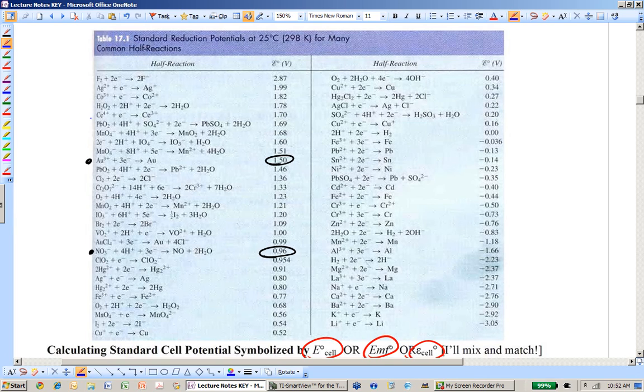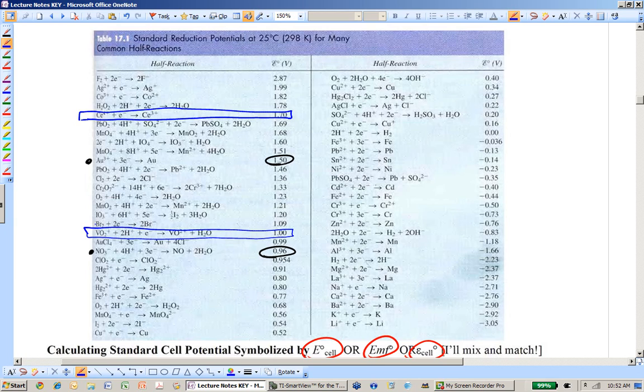There it is. Took me a while, but I found it. Okay, so it's right here. And then I need the VO2+ ion. I saw it in my first pass. There it is. And I need the iron 3 ion, which is right here.